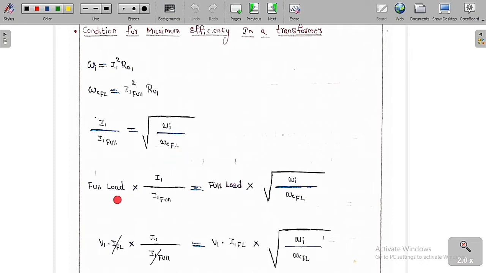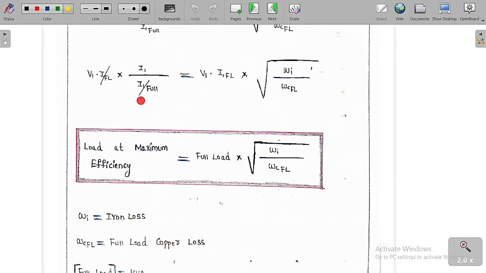Now do the multiplication of V1 on both sides. Full load is nothing but V1 into I full load, so I full load cancels. This is the load at which maximum efficiency occurs, equal to the full load rating of the transformer into under root of iron loss by copper loss at full load.